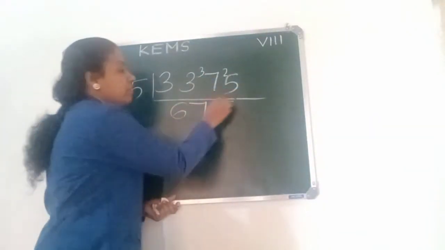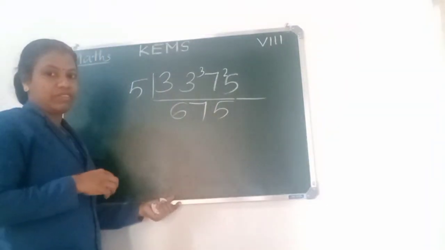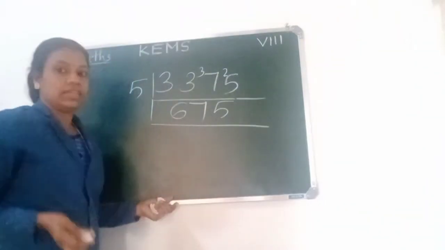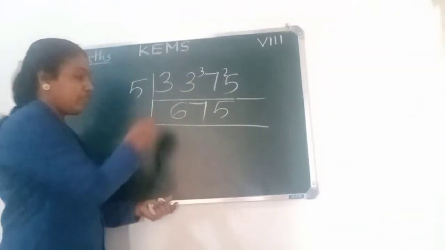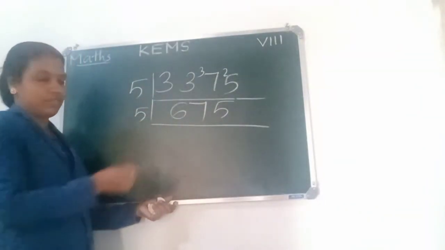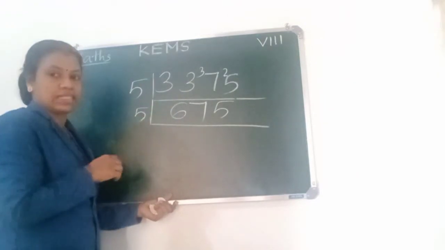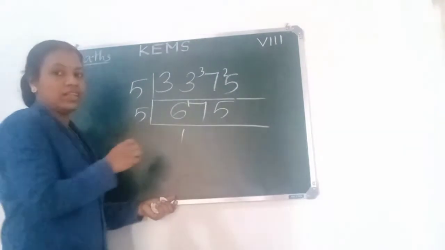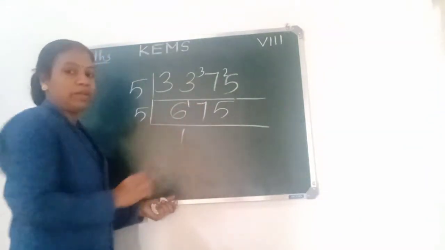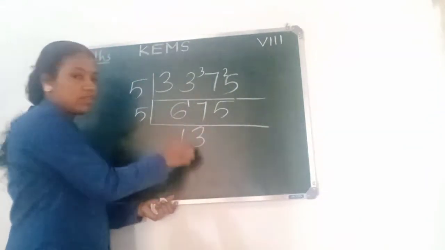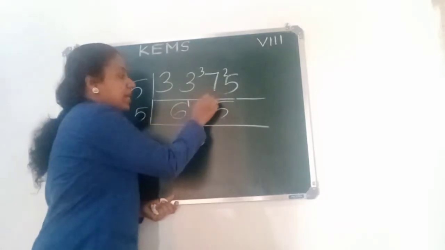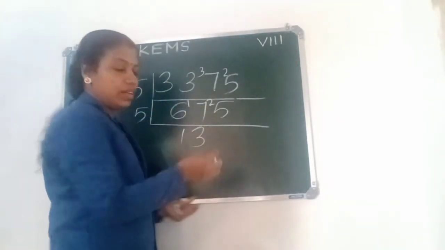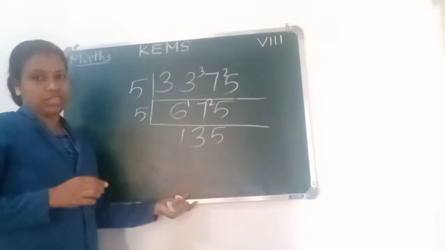In 25, 5 fives are 25. Again the number ends in 5, so it is divisible by 5. Again 5. In 6, 1 five with balance 1, then 17. In 17, 3 fives are 15, balance 2, then 25. In 25, 5 fives are 25.